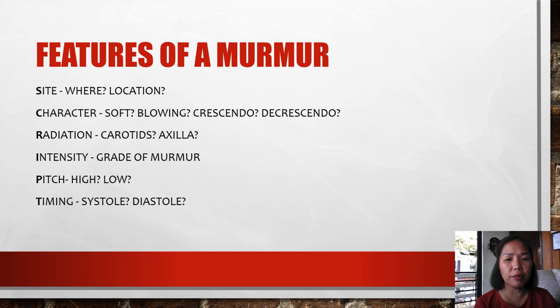The features of a murmur include, well, it actually has a mnemonic called SCRIPT: S for site, C for character, R for radiation, I for intensity, P for pitch, T for timing.